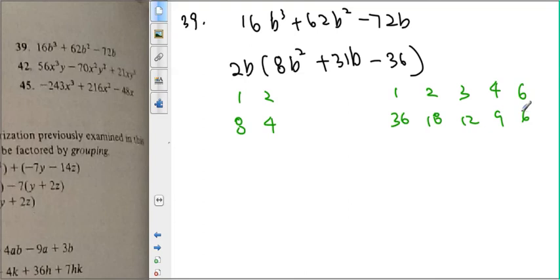The fifth one doesn't work. Let's look at 2 and 4. But in fact, in order for us to get 31 as the middle term, the only way that's possible is if one number is even and the other is odd. So 2 and 4 cannot be the factors.